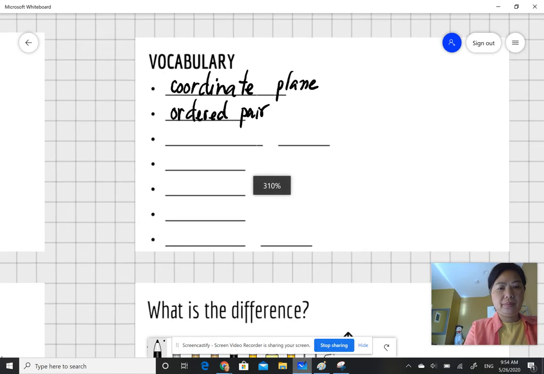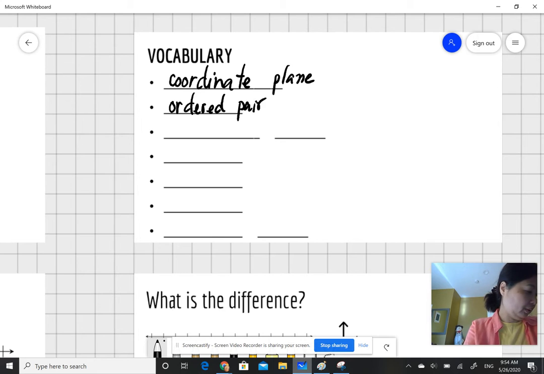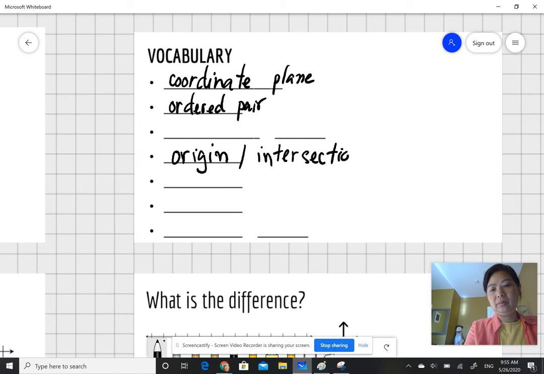Okay. Then we learn about origin, or intersection. Then we learn about vertical, horizontal.